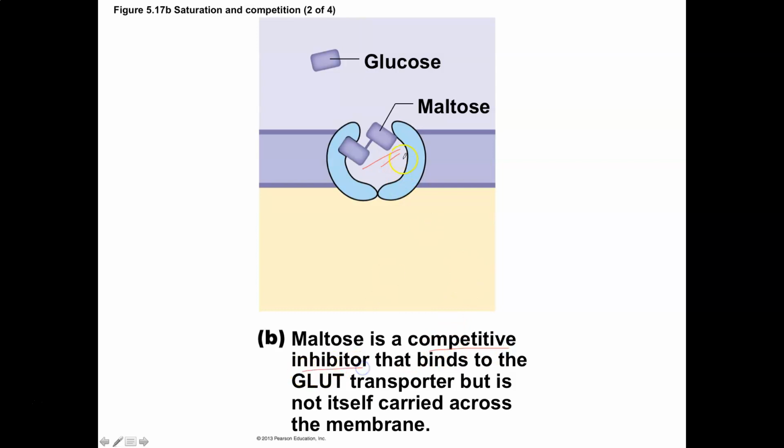And therefore, once maltose binds to this carrier protein, it would be inhibiting the movement of glucose across the membrane because glucose now can't fit into and bind with that carrier protein. So competitive inhibition can actually slow down or stop the transport of a particular molecule.